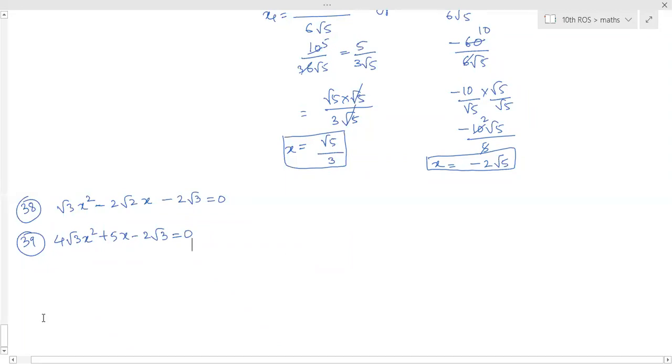Got it? What happened? I'm getting root 3 by 4 and minus 2 root 3 by 3. 2 root 3 by 3. Oh, yeah, right.